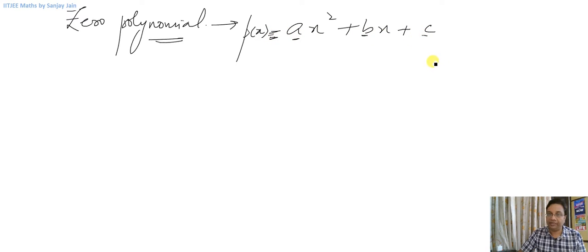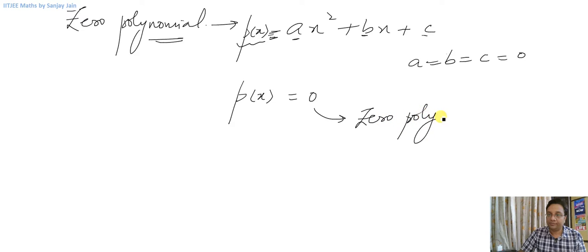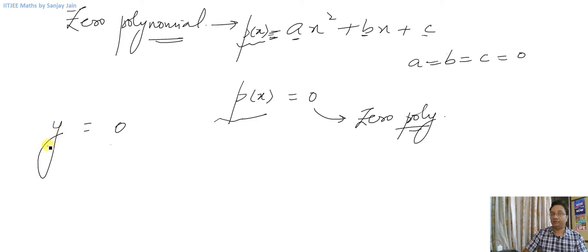Values of a, b and c can be anything. Let us take a case where a equal to b equal to c equal to 0. So what will be the value of this polynomial? This polynomial will be 0 itself, right? Such polynomials are known as zero polynomials. So if I simply write this 0, this is a zero polynomial, okay. P of x equal to 0 is a zero polynomial, or you can say y equal to 0.